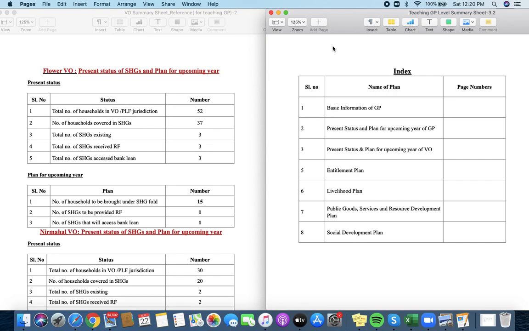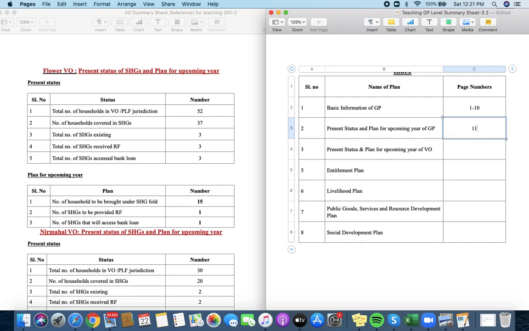So now I will show you that the format here on the right side is the GP level format, and on the very first page of the GP level format will be the index page, where you have to refer to the page number on which these details are mentioned. For example, basic information of GP can be on page number 1 to 10.